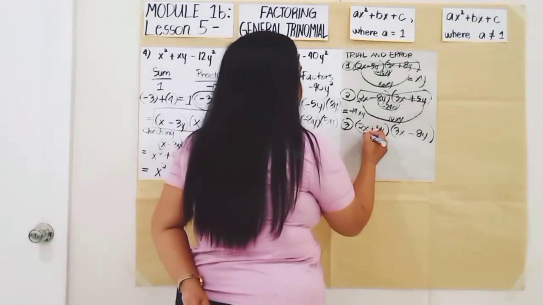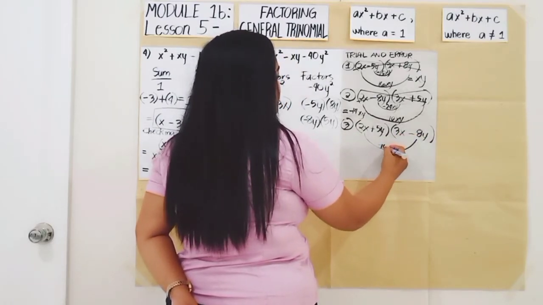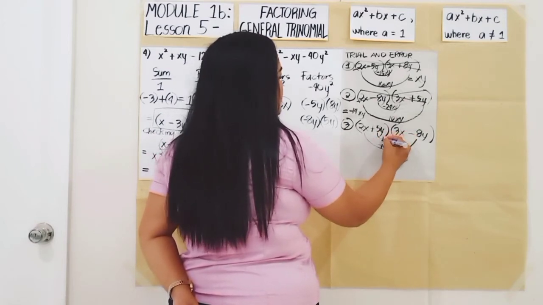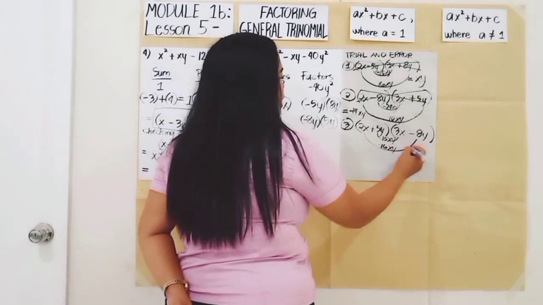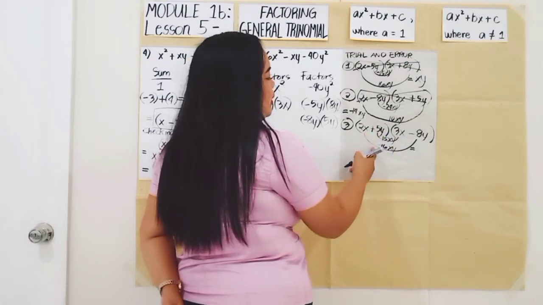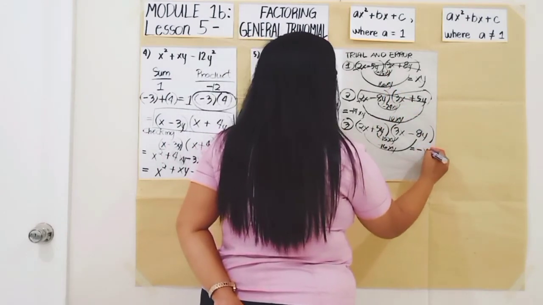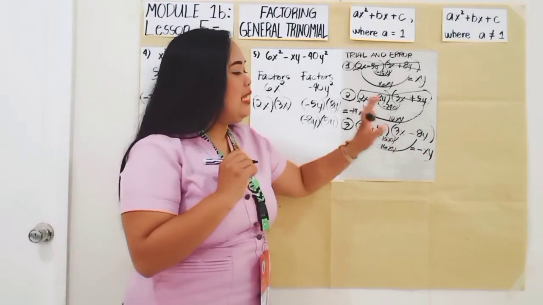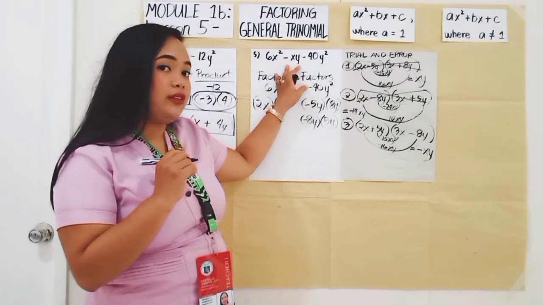Okay? So 2x times negative 8y, that is negative 16xy. And then 5y times 3x is 15xy. So what is the sum of the two products? So 15xy plus negative 16xy is negative xy. Now, let's see. Is this the same as the middle term of the trinomial?